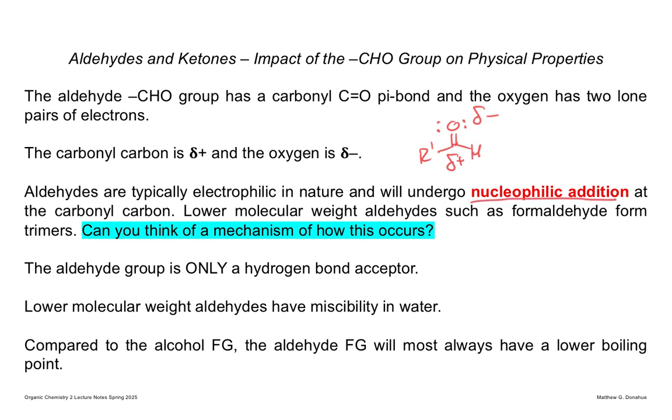What we saw prior were hydride additions and then organometallic additions, basically to make alcohols. So we classified those as reductions.